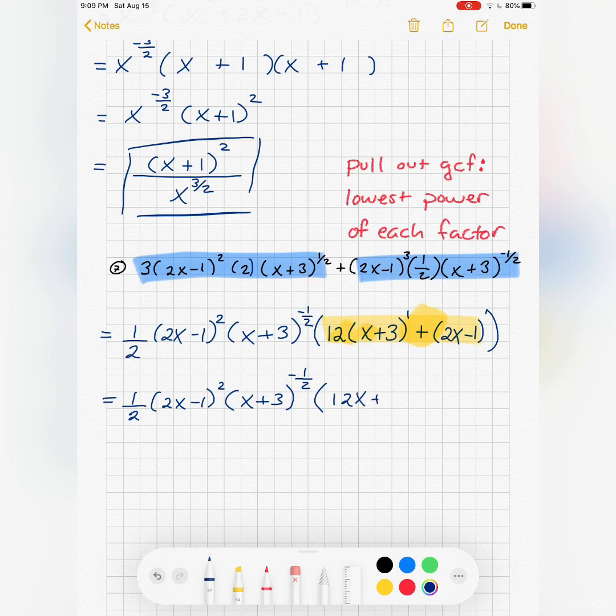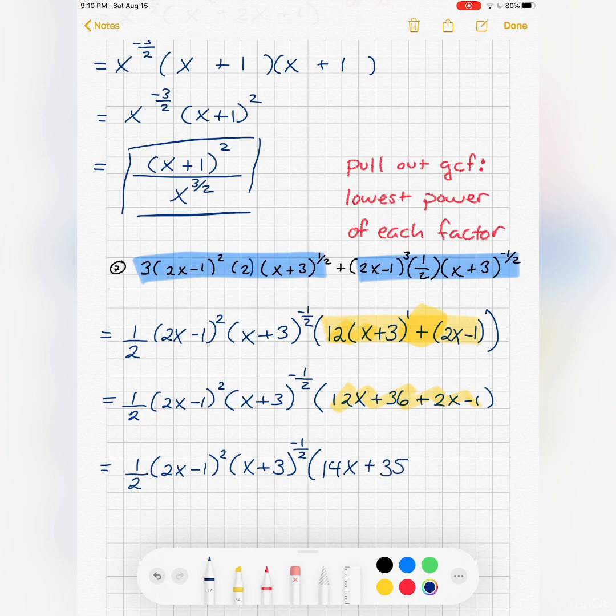I have 12x plus 36 and then 2x minus 1. See how I can now combine these like terms? So 14x plus 35.